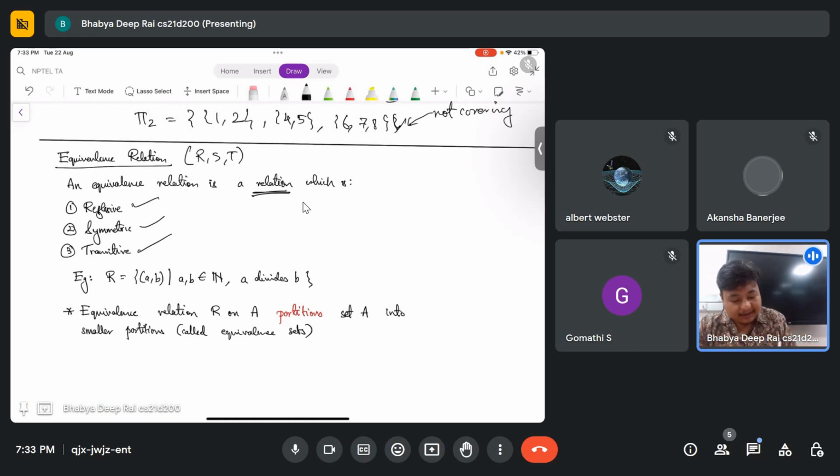For example, this A divides B. Every element divides itself, so it is reflexive. If A divides B, oh, okay, sorry, it is not. It's not A divides B actually. It should be B leaves same remainder.